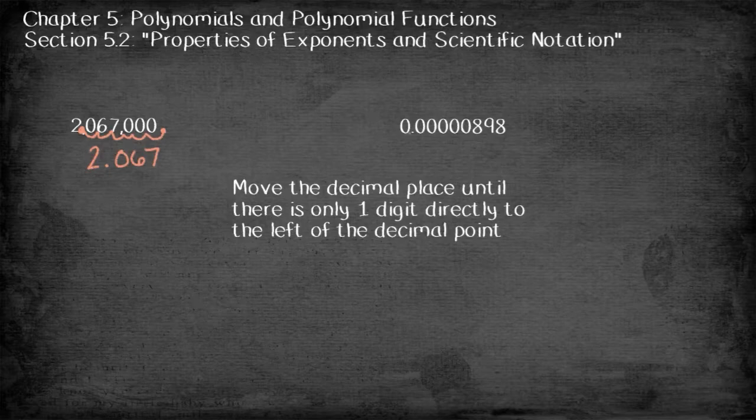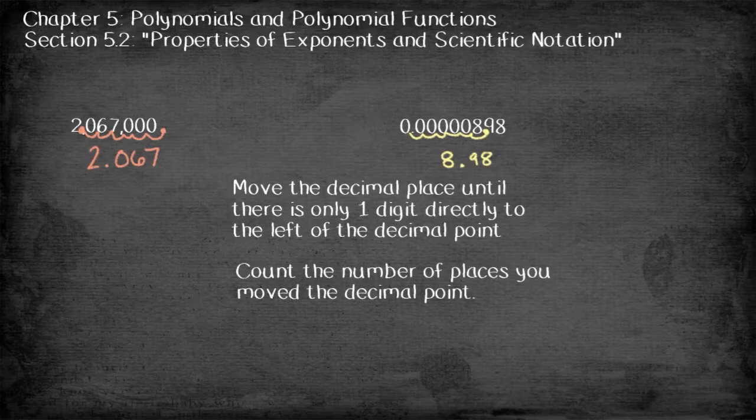For the right-hand number, I want to move my decimal to the right, so I'd have 8.98. Then we count the number of places that we move the decimal point. For the first number, we moved 6 places, and for the second number, we also moved 6 places, but in a different direction.